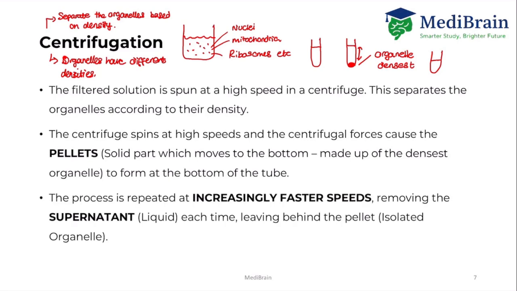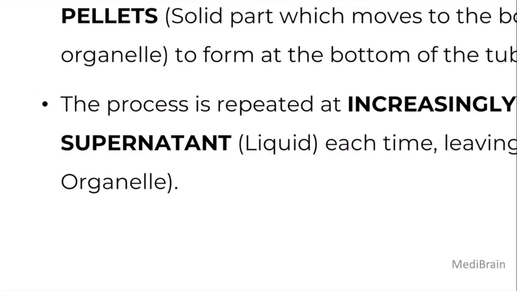So the process is repeated at increasingly faster speeds, removing the supernatant, which is the liquid, each time, leaving behind the pellet. The pellet is the organelle that we are talking about. So if we have a look at an example, initially, this is our solution, after we've blended it and filtered the large debris out.